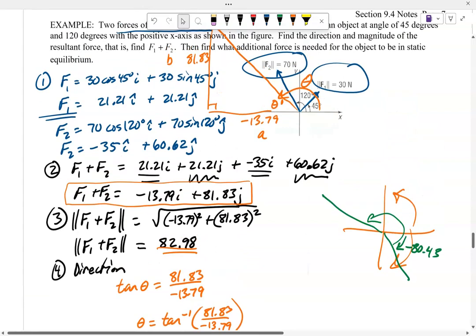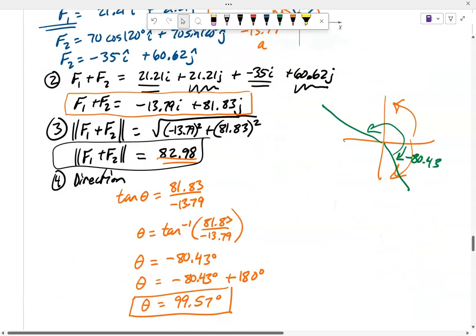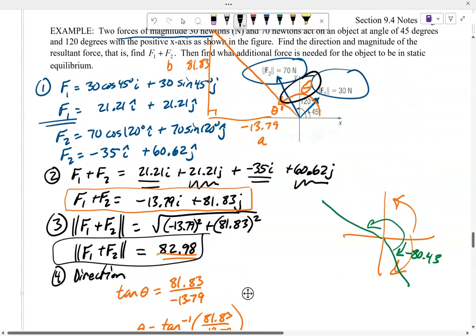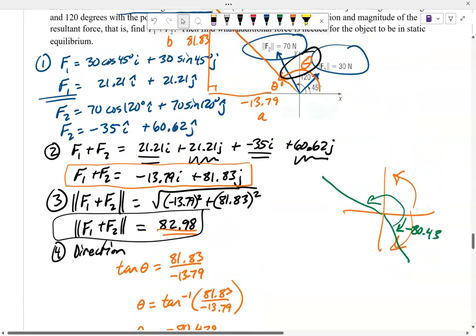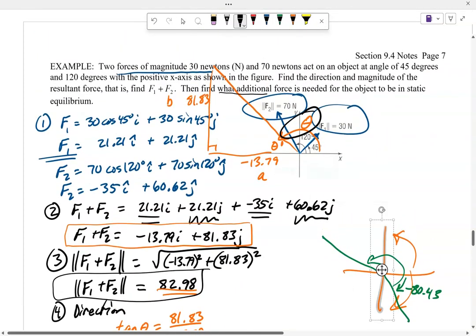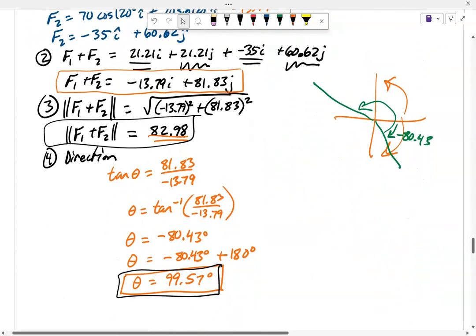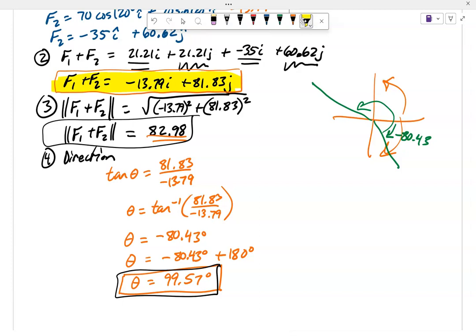Now the last part of this question says, after we found the magnitude and the direction, that 99.57 degrees is the direction of this thing. We also find what additional force is needed for the object to be in a static equilibrium state. Well, in static equilibrium, all the forces need to add to 0. Here is our resultant force, but we need the forces to add to 0.